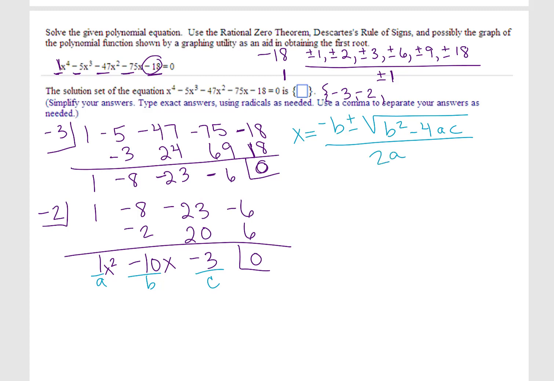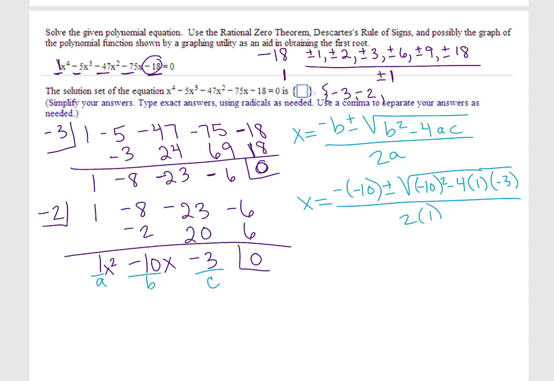Okay, plug it in, plug it in. So x equals -10 plus or minus the square root of -10 squared minus 4, a is 1, c is -3, all over 2 times 1. Simplify.